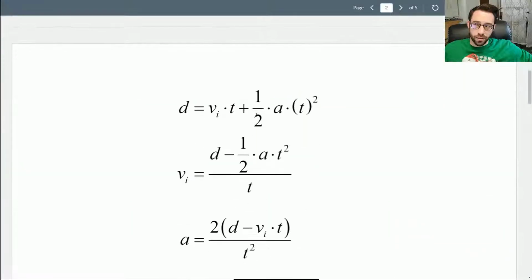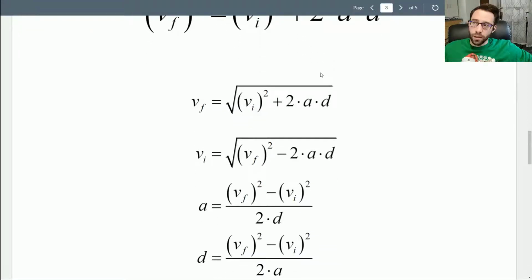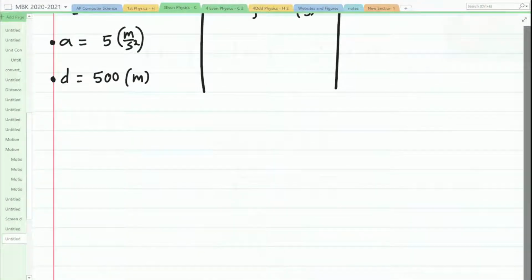So let's scroll down to page 3. This is the equation that I was just referring to. All I did, in order to get rid of this square, was take the square root. Let me just show you real quick.